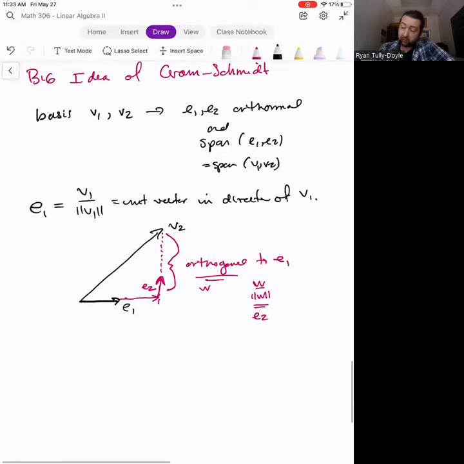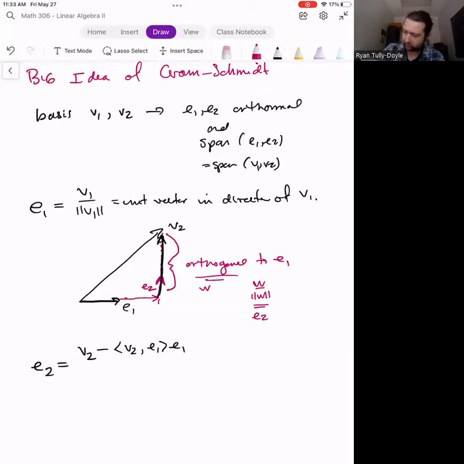So the way that you compute that is you say, well, what should e2 be? E2 should be equal to, I should take V2 and I should subtract from it the projection of V2 onto E1 in the direction of E1. That's this vector right here.